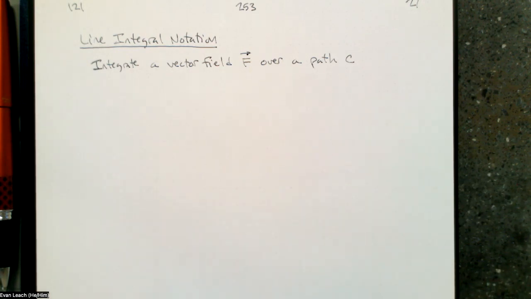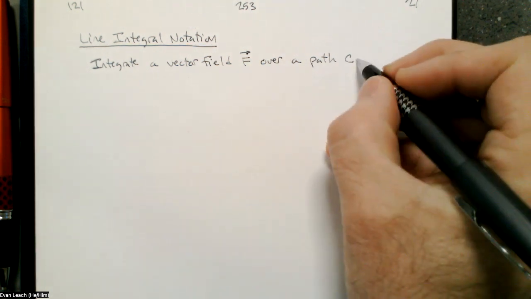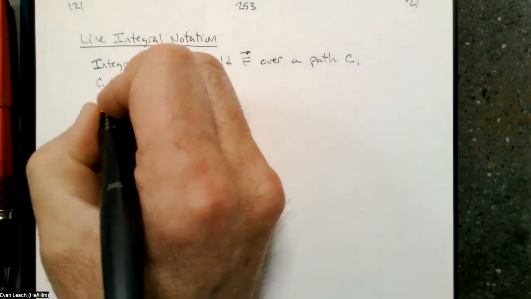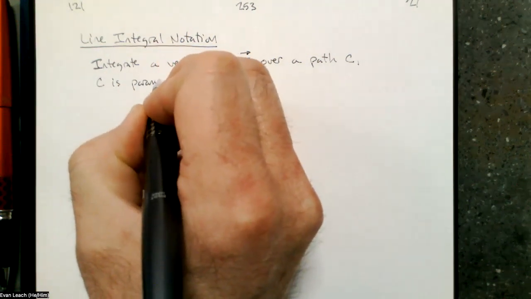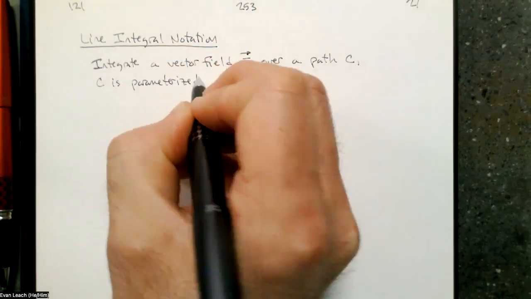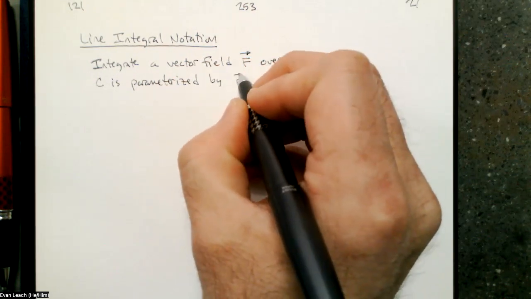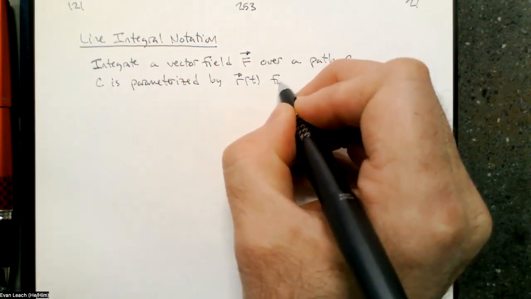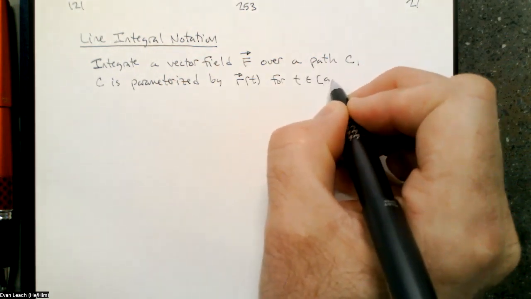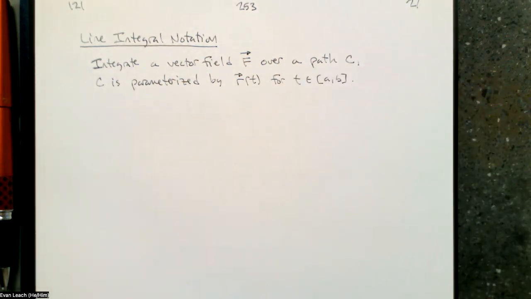We're going to integrate a vector field over some path C. We're going to parameterize C with r. C is going to be parameterized by r for t from a to b. These are the parts that we need.